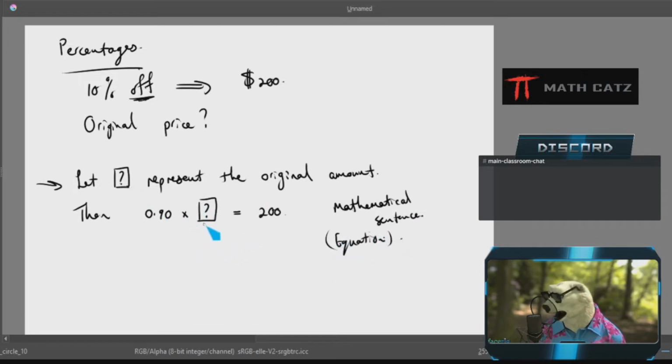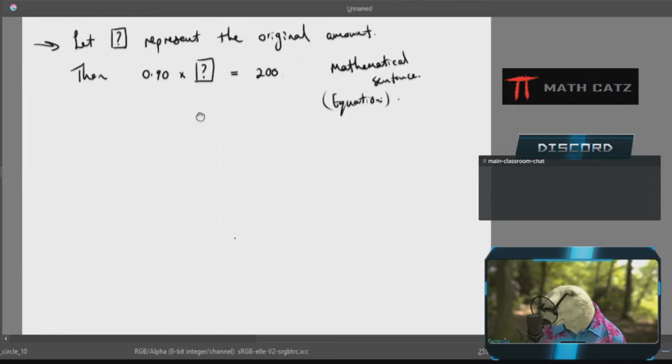Now I can look at this and say, this is a multiplication sentence. I have my unknown symbol in the wrong spot. I want it alone so I can see what its value is, how to calculate it.